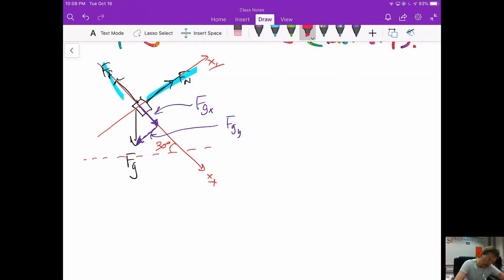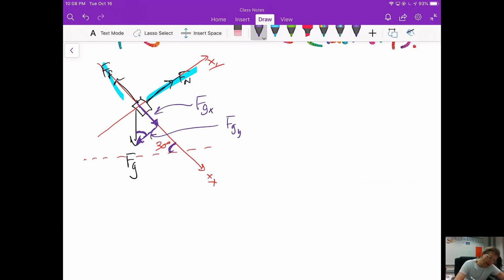So this 30-degree angle right here, it's hard to see exactly, but if you look at this, the triangles are similar triangles, and that 30-degree angle is the same as this angle. Okay, so the 30-degree angle that the x-axis makes with the horizontal, by similar triangles, is the same as this angle inside, the angle that the y component makes with FG.